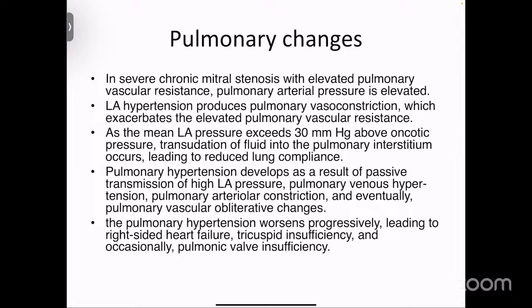In patients with mild to moderate mitral stenosis, the pulmonary arterial pressure can remain normal, rising only with exertion.